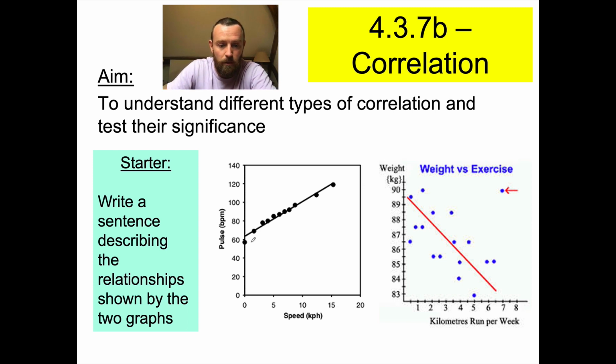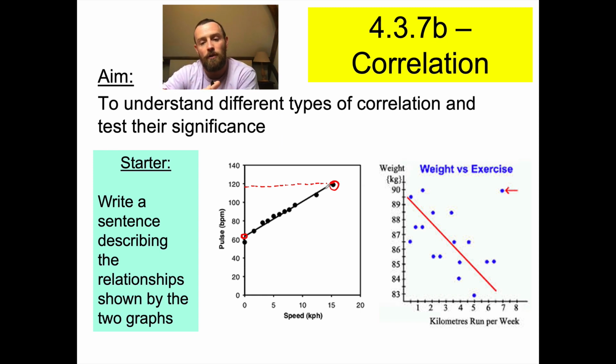So you could say, for example, when someone is stationary, the average pulse is around about 62 BPM, and when they're running at 15 kilometers per hour, then the average pulse is somewhere around just below 120. You could also say it's a directly proportional relationship, or it appears to be so.